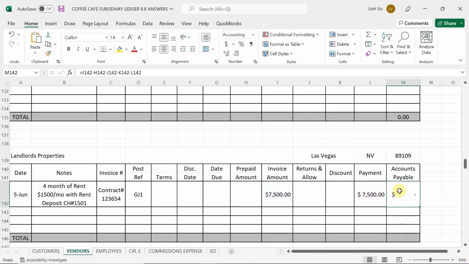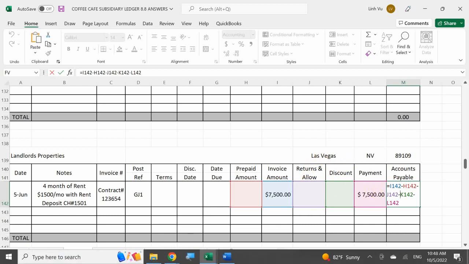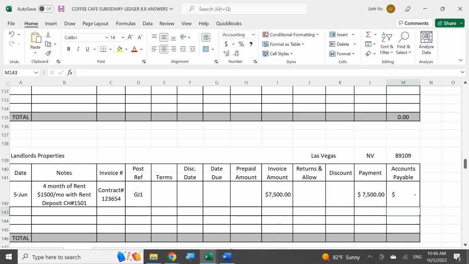So that formula, once again, is your invoice amount, subtract any prepaid, subtract any returns, subtract any discounts, and subtract any payments. Since I owe $7,500 and I made a payment for $7,500, I know I don't owe landlord properties anything.